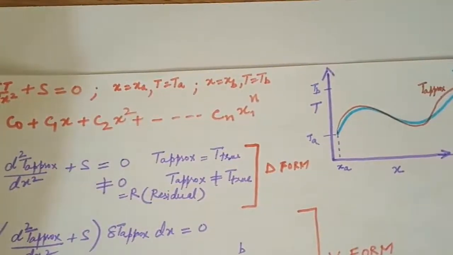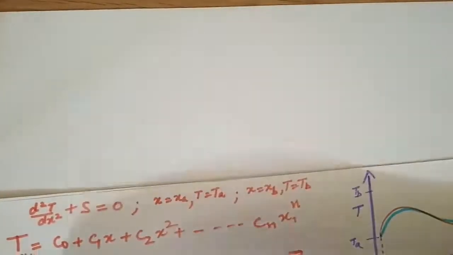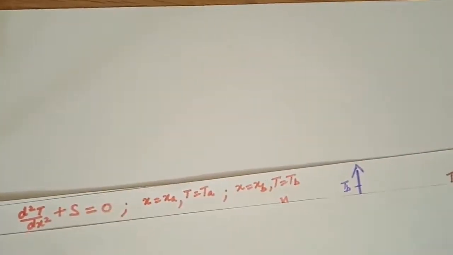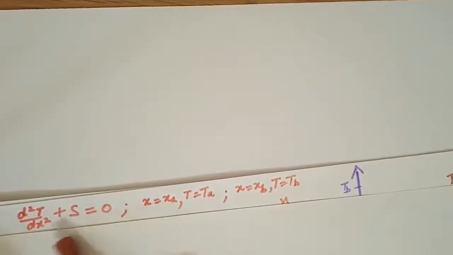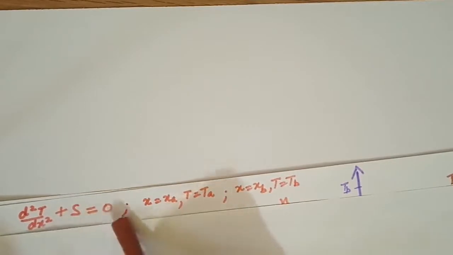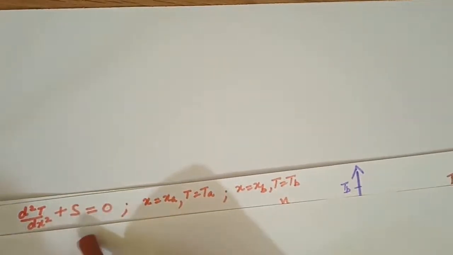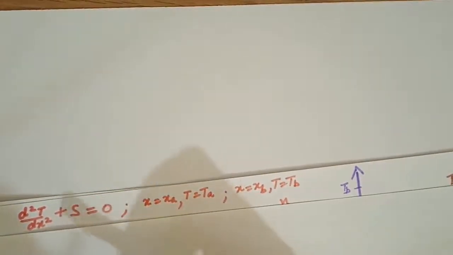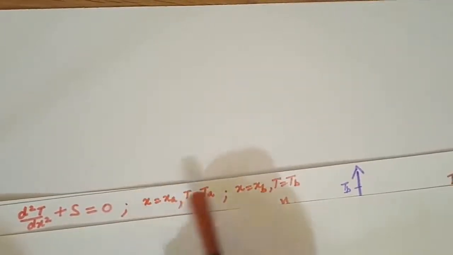In our earlier discussions, we saw that if this was the differential equation, a simple second order differential equation, which represents one-dimensional heat transfer with uniform heat generation, and these are the two boundary conditions, so temperature is specified at the two boundaries.